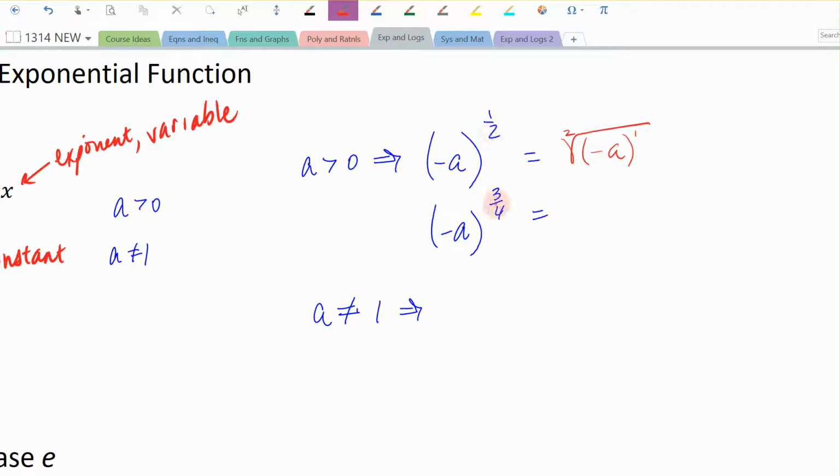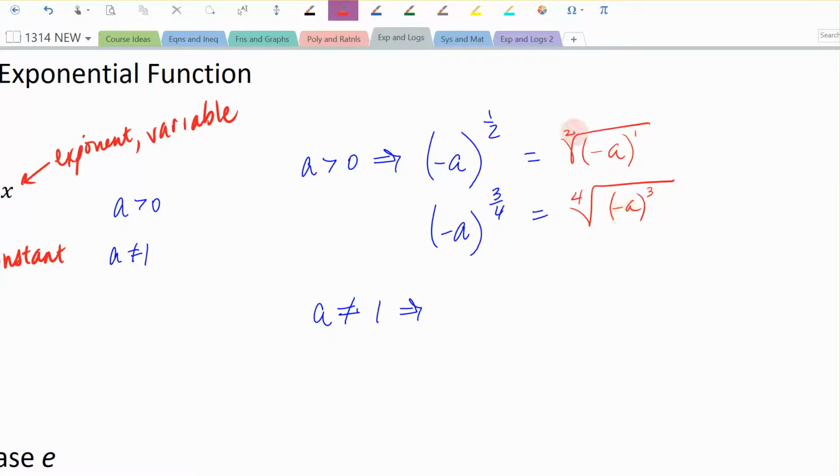If I did the same thing with negative a raised to the 3/4, remember the denominator is the index, so it's the 4th root of negative a raised to the 3rd power. A negative raised to the 3rd power is still a negative. Can I take the 4th root of a negative number?